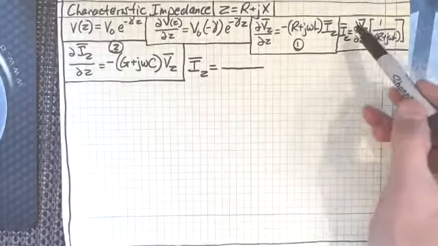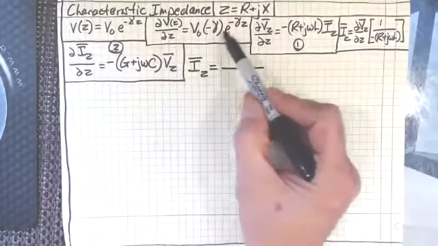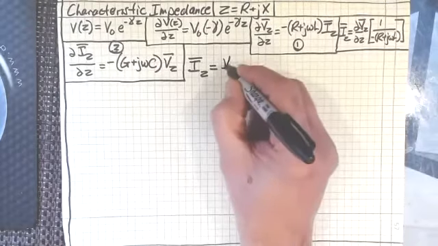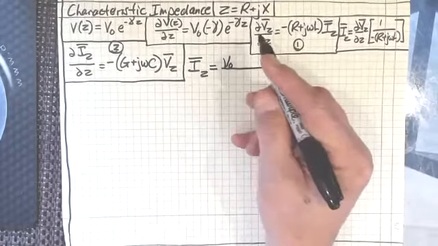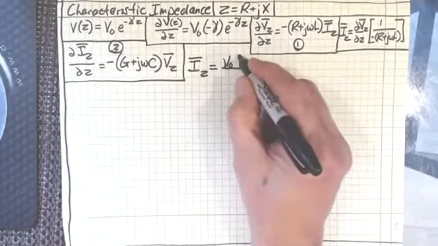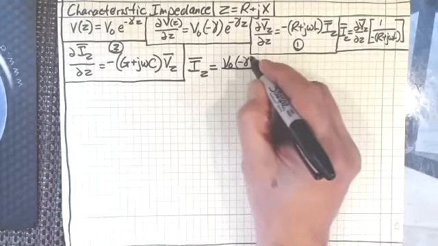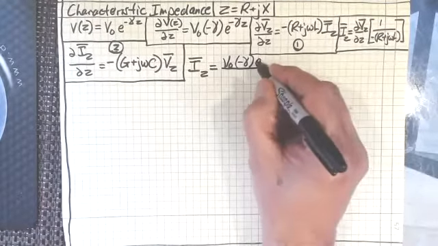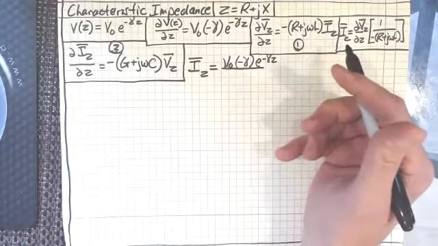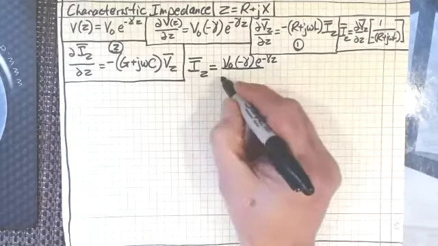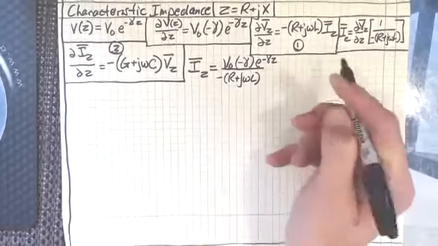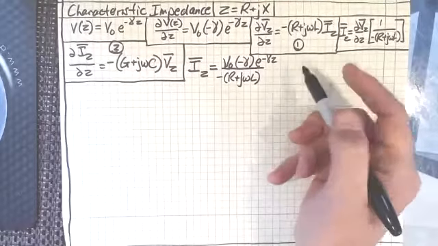So I have v sub 0 times minus gamma times e to the minus gamma z in the numerator, and I have minus r plus j omega L in the denominator, right?